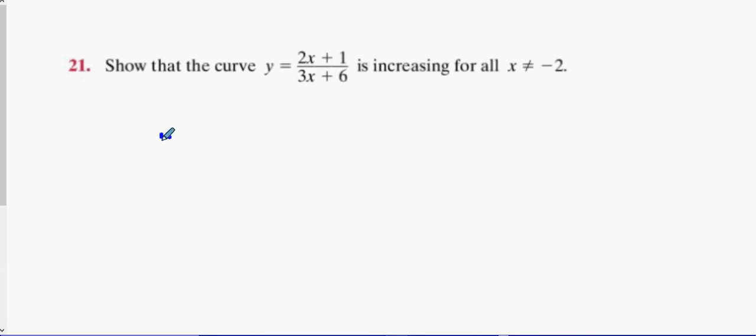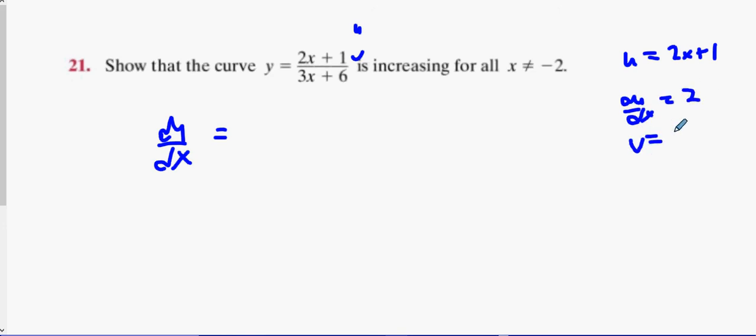Okay. The dy/dx is the slope. Everybody agreed this is a quotient rule? So, u equals 2x plus 1. The du/dx equals 2. v equals 3x plus 6. The dv/dx is 3.